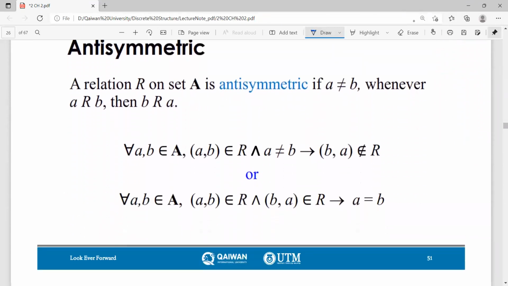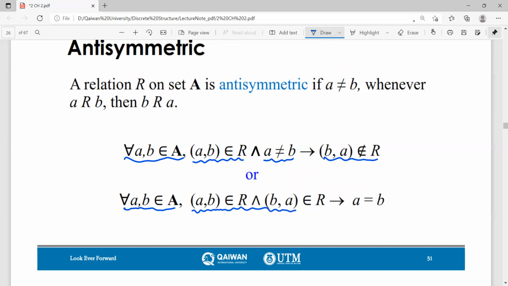And also we have anti-symmetric. For anti-symmetric, we say for all A, B in A, if AB is in the relation and A doesn't equal B, then BA doesn't belong to R. Or we say for all A, B in the set A, if AB is in R and BA is in R, then A and B must be equal.